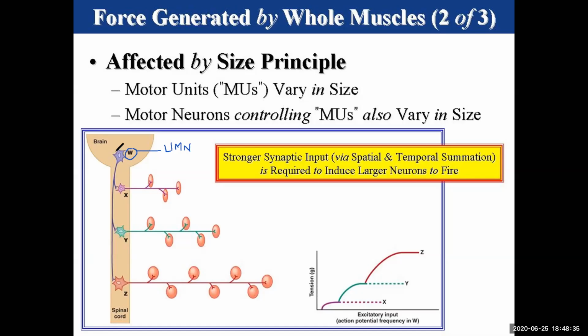U for upper, M for motor, N for neuron. So that's the upper motor neuron.